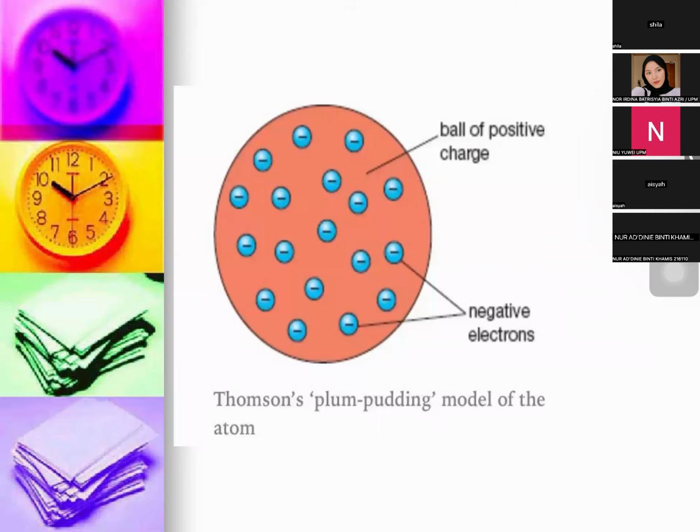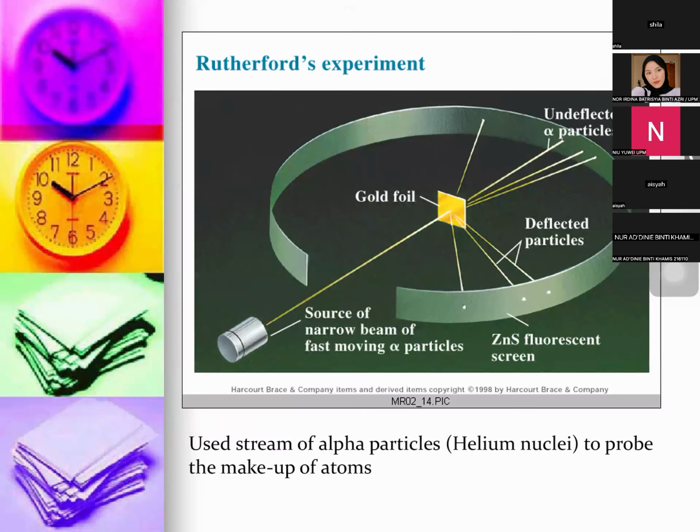This is by J.J. Thomson, but Rutherford has a different view. So how does Rutherford prove that the J.J. Thomson model is wrong? Based on his gold foil experiment, the deflection of the alpha particles.